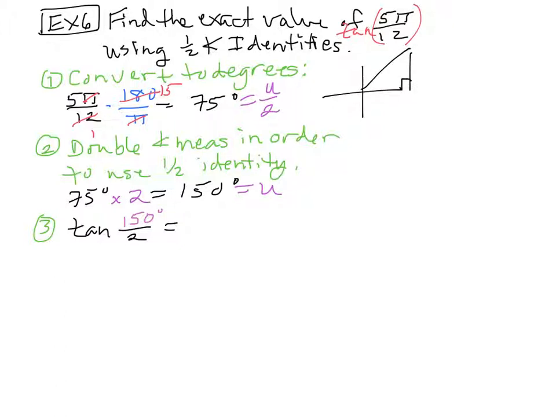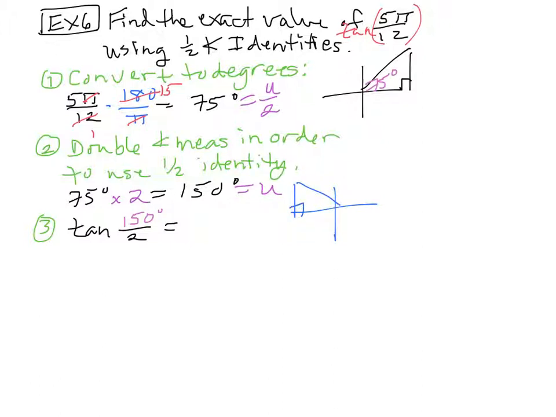So overall, I would expect my ratio value to come out positive, because tangent's positive in quadrant 1. But over here, we're putting in 150. We're going to find the sine and cosine of 150, because we're finding the sine and cosine of u. Well, my u is 150. So what quadrant is 150 in? Quadrant 2.